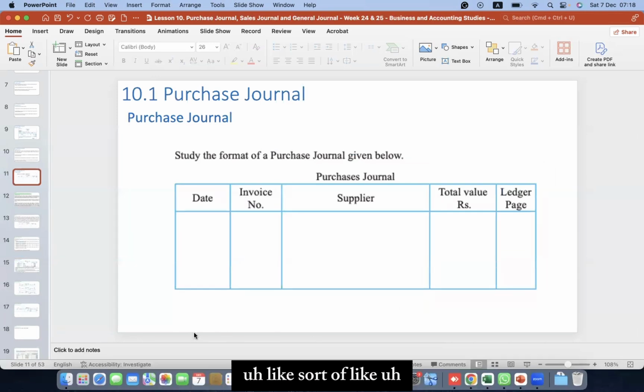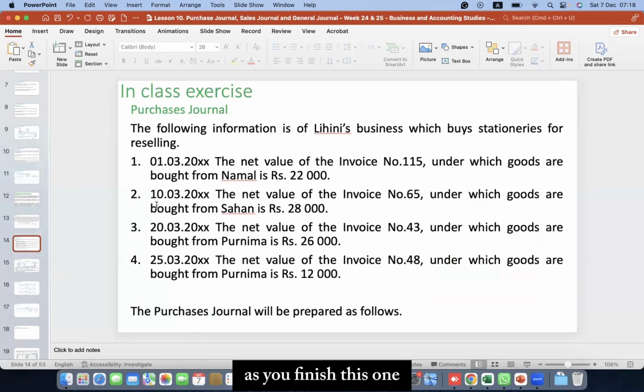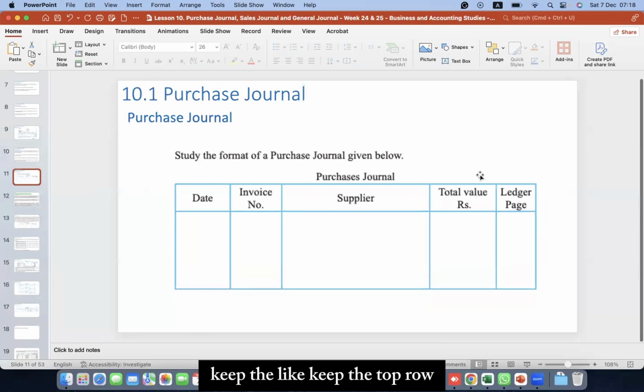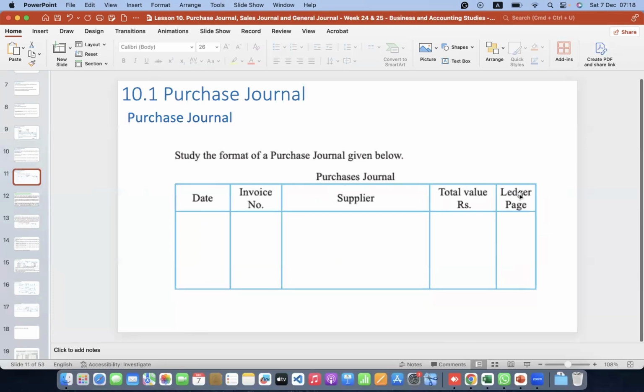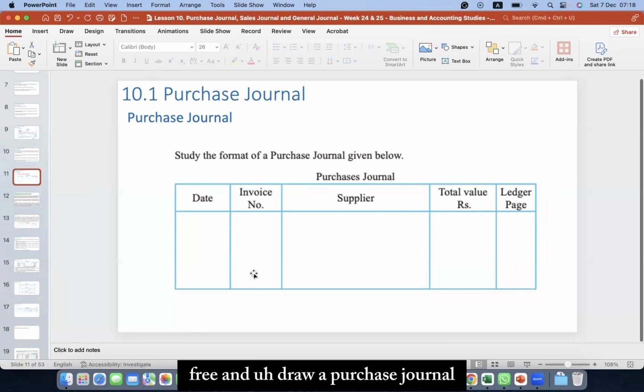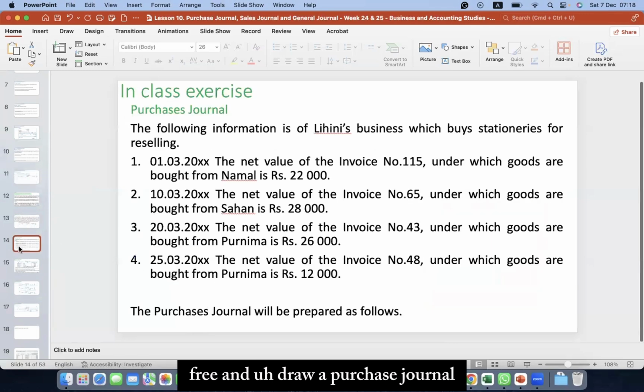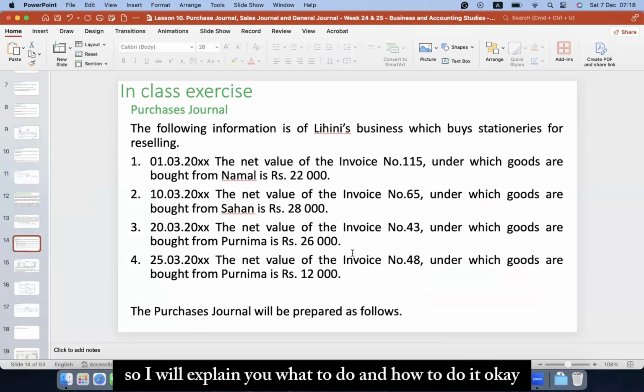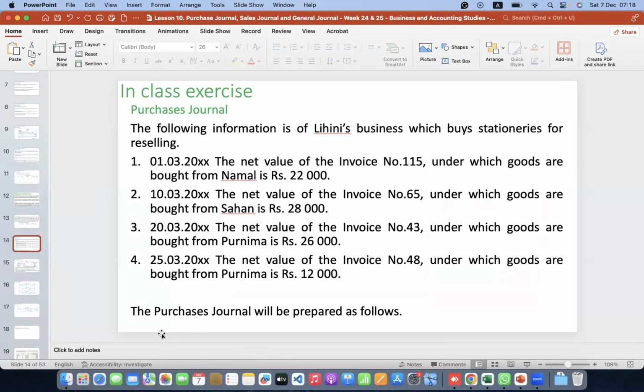Take a snap of this. As you finish this one, you have to draw a purchase journal. Keep the top row free, and draw a purchase journal. So quickly write this. If you write this, then draw the purchases journal. So I will explain what to do and how to do it.